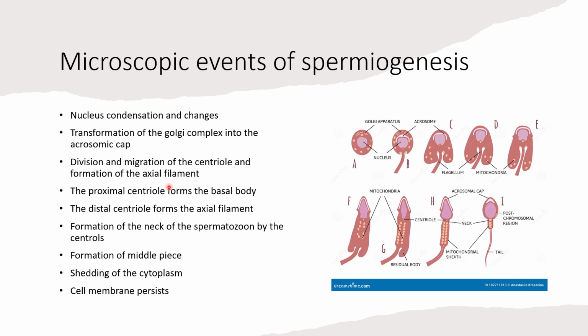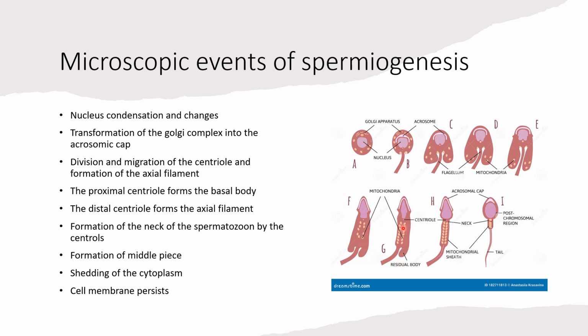There is also division and migration of the centriole and formation of the axial filament. That's what we call the microtubules: the centriole forms the axial filament, which is the microtubules. It is formed at the middle part, and the mitochondria arrange themselves in a parallel line along that tubular structure, forming the neck, separating the neck from the head, and also forming the middle piece.